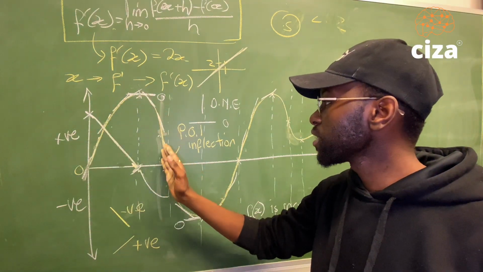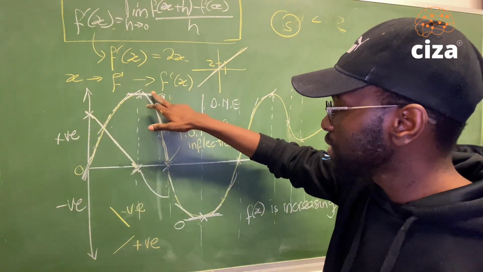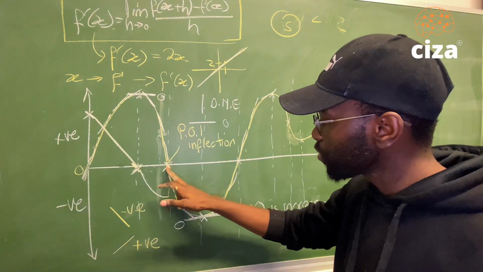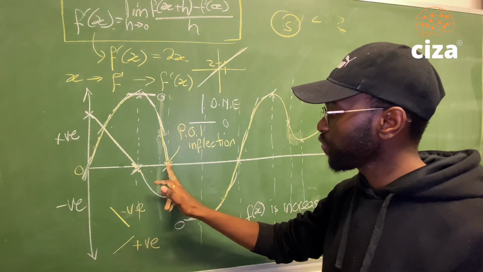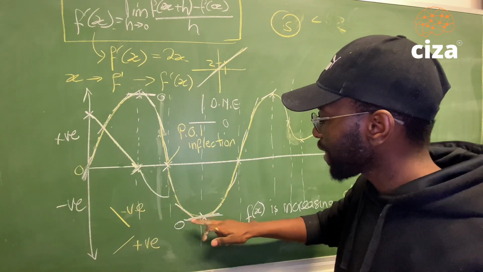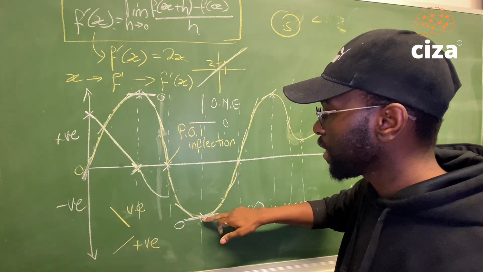negative, negative, negative. So our gradient has been decreasing until it reaches this point, and now it's starting to increase. If it was +5 here, it now becomes +4, +3, until it reaches 0 again.